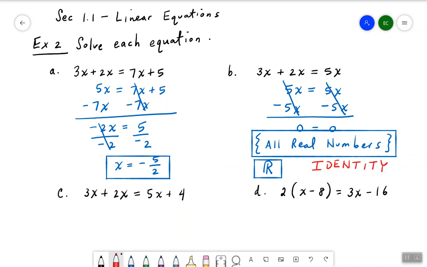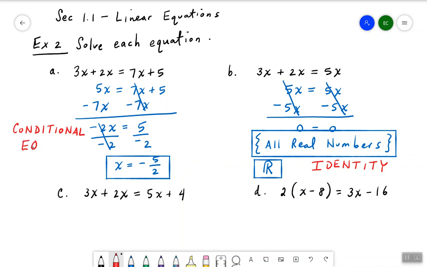So in number 2b, we have a special type of equation called an identity, where any real number is a solution to the equation. And if we go back to number 2a for just a moment, we saw there was only one number that made the equation true. This type of equation now we'll call a conditional equation. And so that's new vocabulary. We didn't mention that in the previous video, but it's true for all the examples we saw in that video.